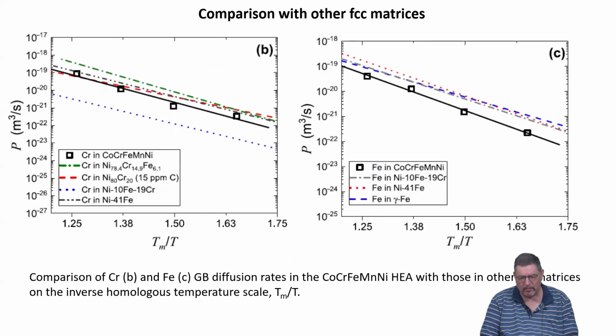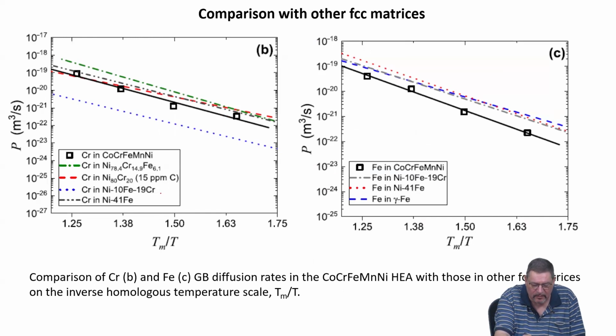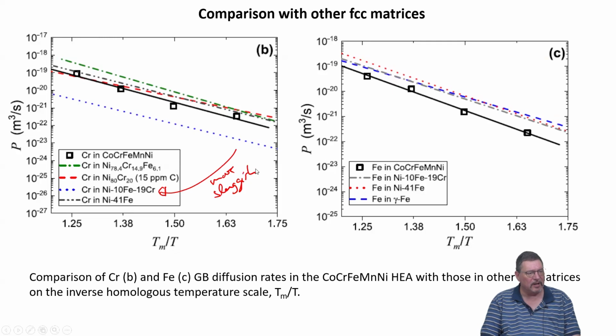When we again compare grain boundary diffusion, in this case with the other FCC matrices where we have analyzed it, we again see that grain boundary diffusion doesn't vary much. And for example, if you look at this one here, you see that it is showing much more sluggish behavior than the high entropy system.